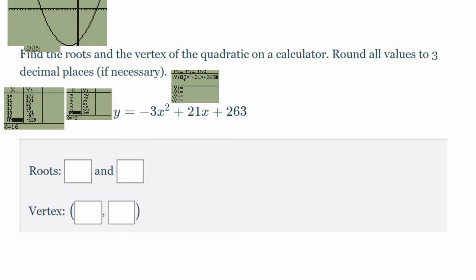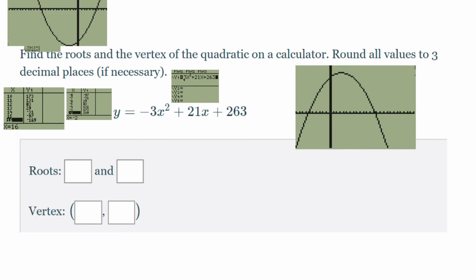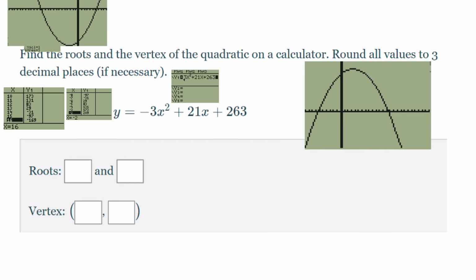Let's see what it is, and then we'll adjust accordingly. Hit Window. My Y max is currently at 300. So let's just set it to 350. Now when I graph it, now I see all the action. I see my vertex very clearly. I see my zeros very clearly. So now we'll use this window and do all the stuff we worked on.